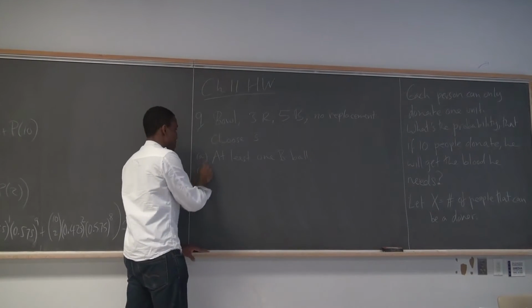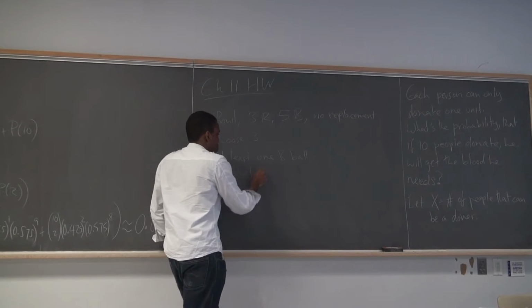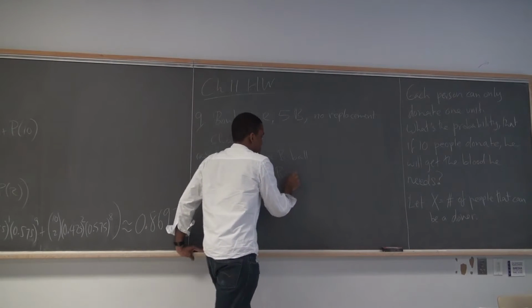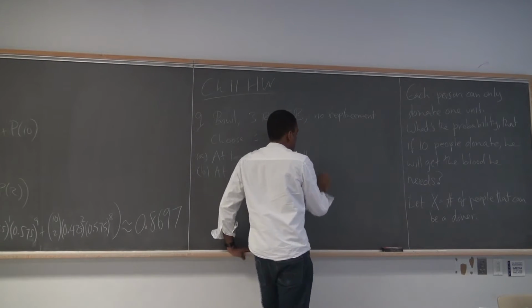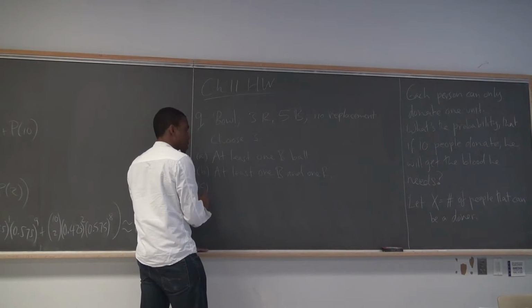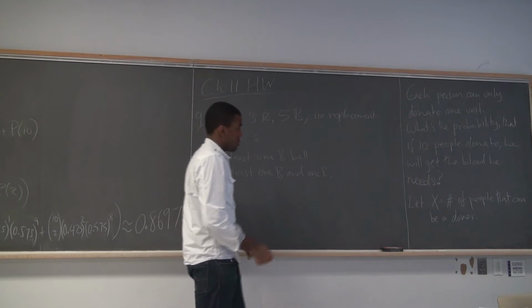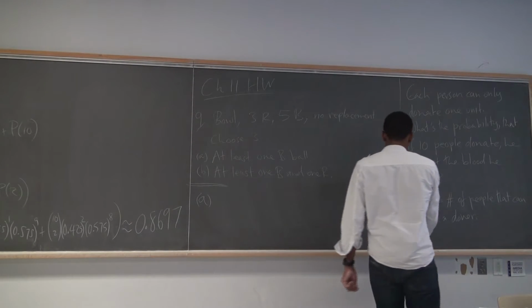Part B is at least 1 black and 1 red. Is there a C? No. So that's it. Okay, can anyone tell me how to do A?